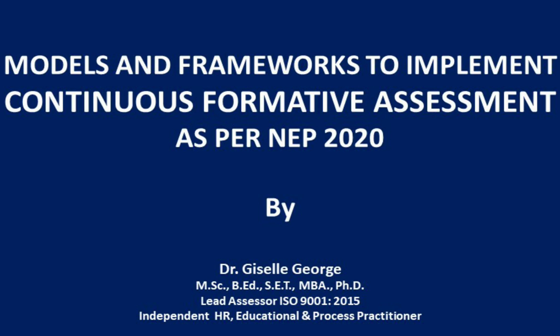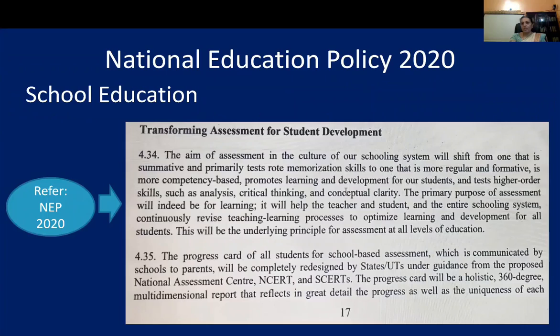Let me display the National Education Policy 2020 from a K12 or school education perspective. Section 4.34 talks about transforming assessment for student development. It talks about shifting the culture of the school system from summative tests on rote memorization skills to one that is more regular and formative in nature, that is competency based.